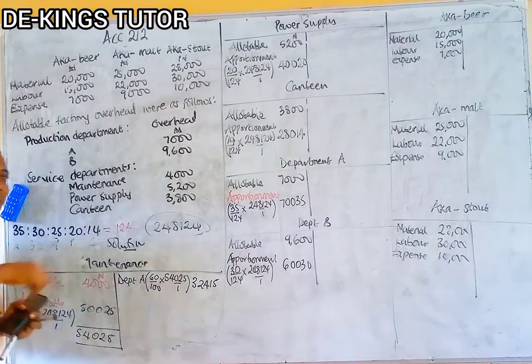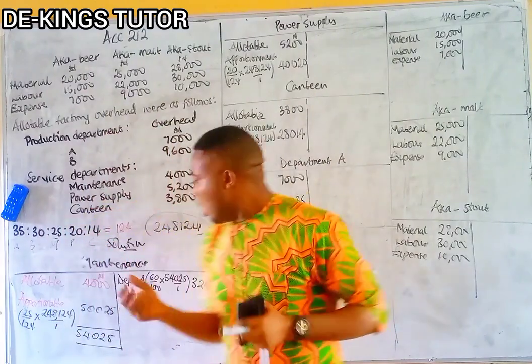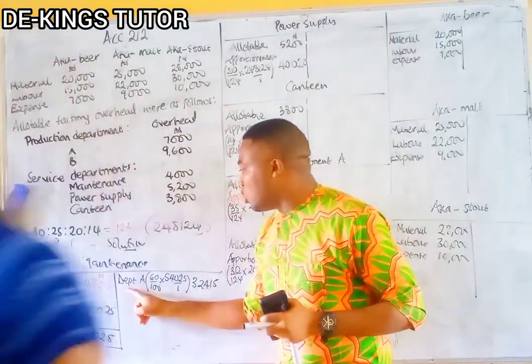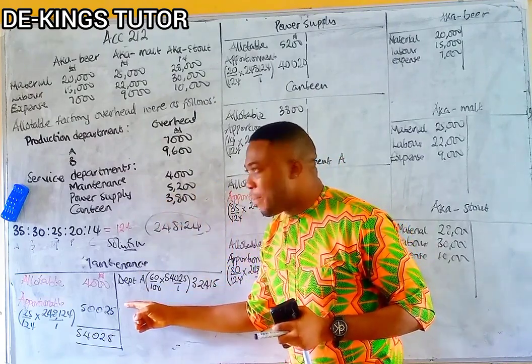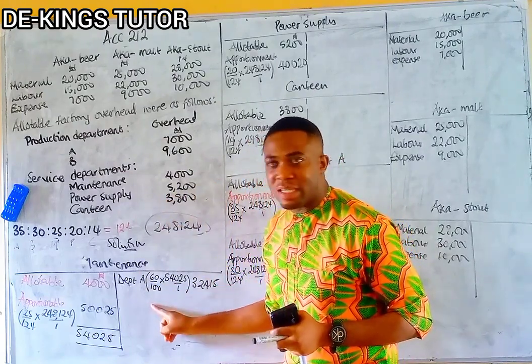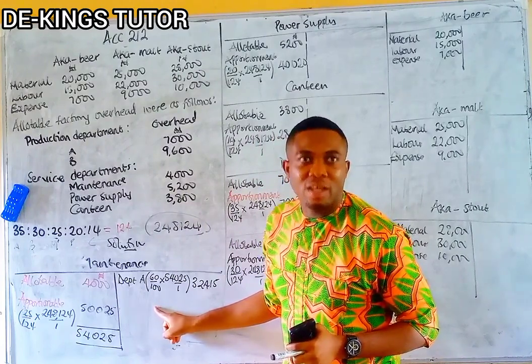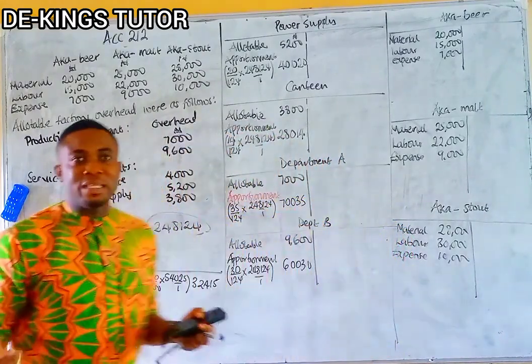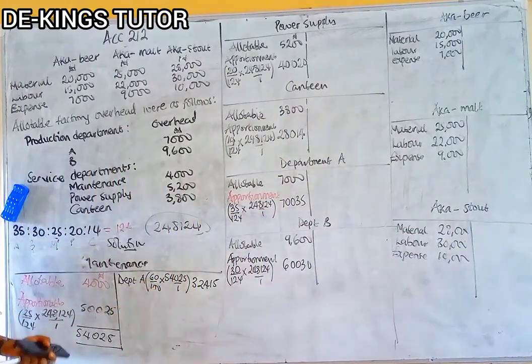Okay. Now they said the rest. They didn't tell us what percent, but once they mention the rest, if 60% is used by department A, and we have two departments, A and B, then department B will have the remaining 40. Why is this 40? Because 60 plus 40 is 100.